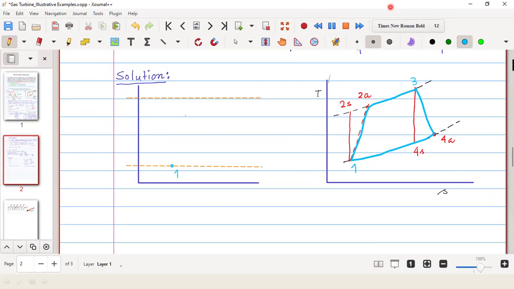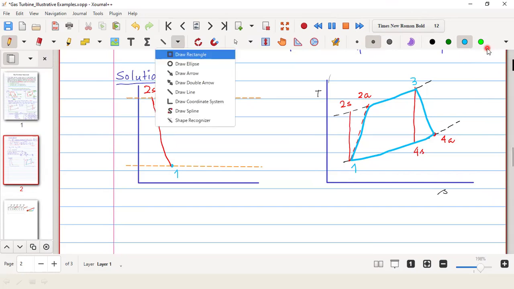So let us draw that. So this is 2s. So 2a will be in between, somewhere here.